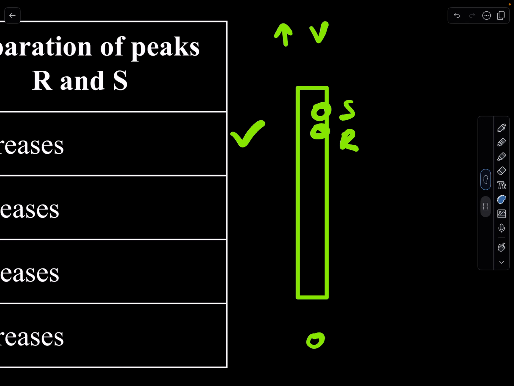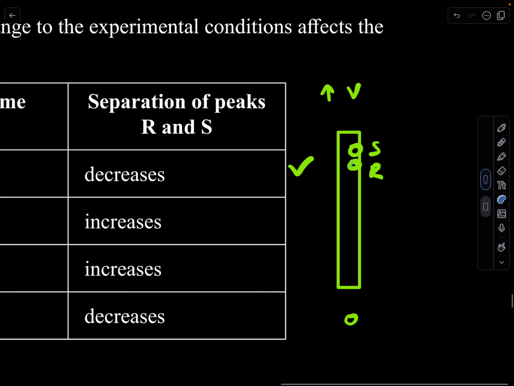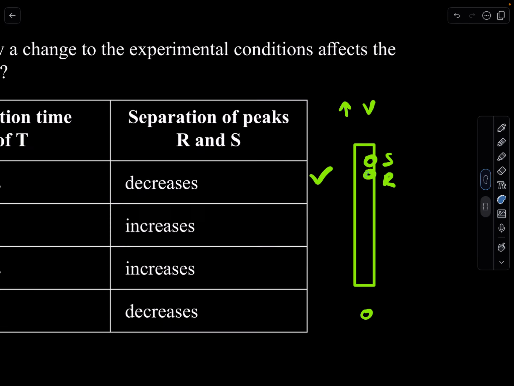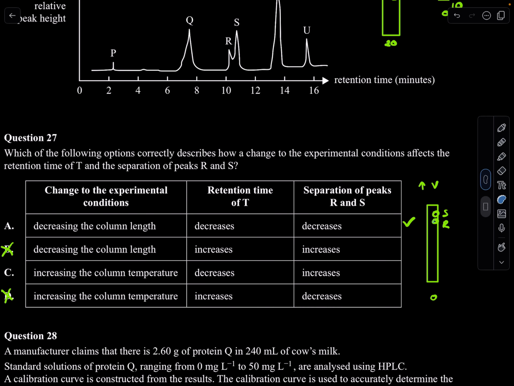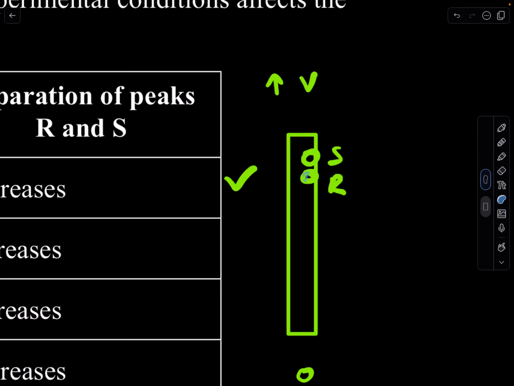So if you have these here, they're basically coming out quicker. Now, sorry, what am I saying? So increasing the column temperature, what is the separation of peaks in R and S? It increases.